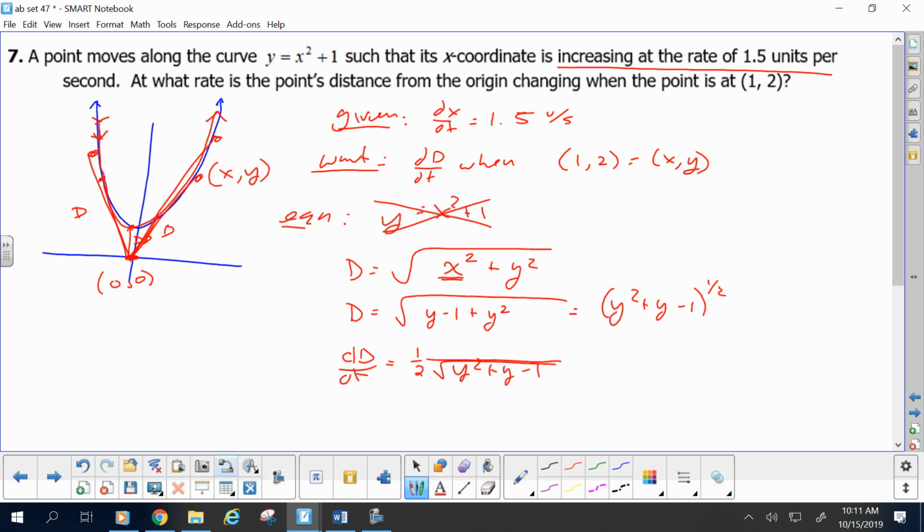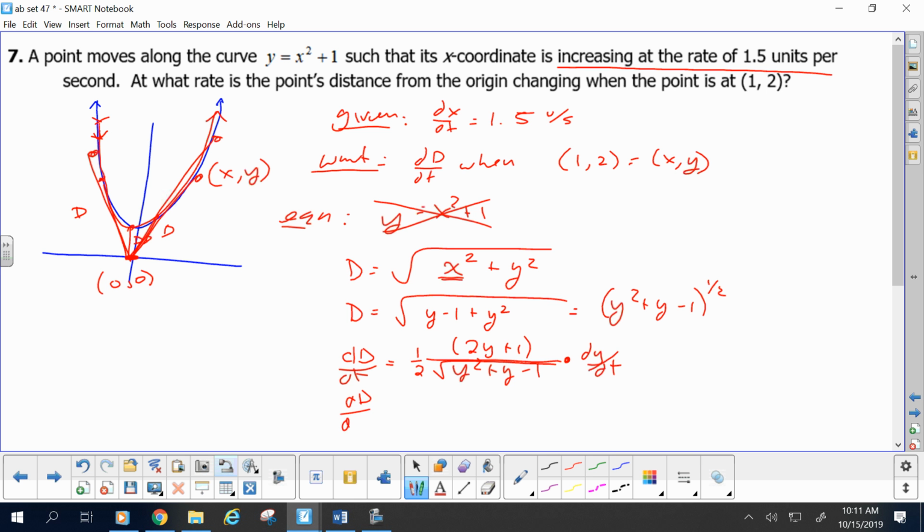Times, by chain rule, (2y plus 1) times chain rule again, dy/dt. That derivative takes a while because it's two chain rules. Okay, you good? All right, let's go substituting.